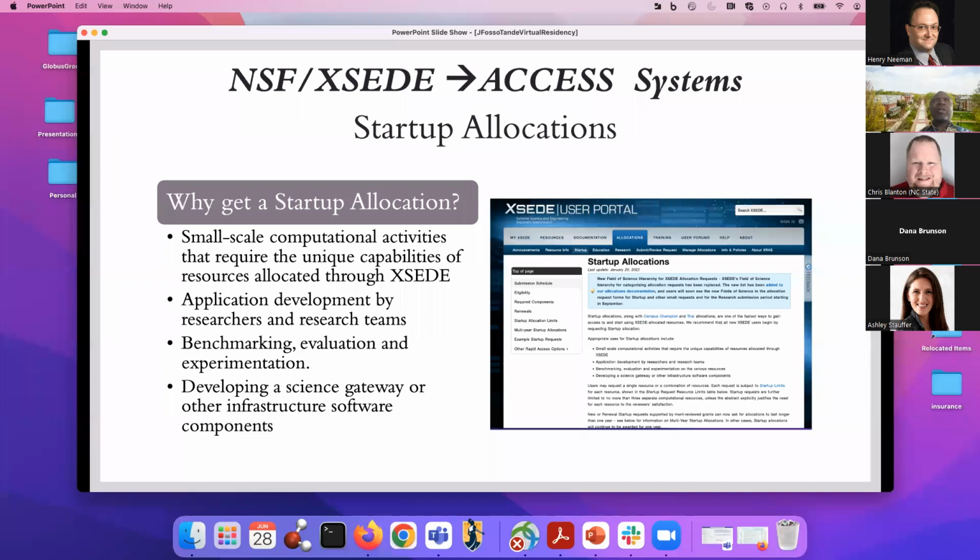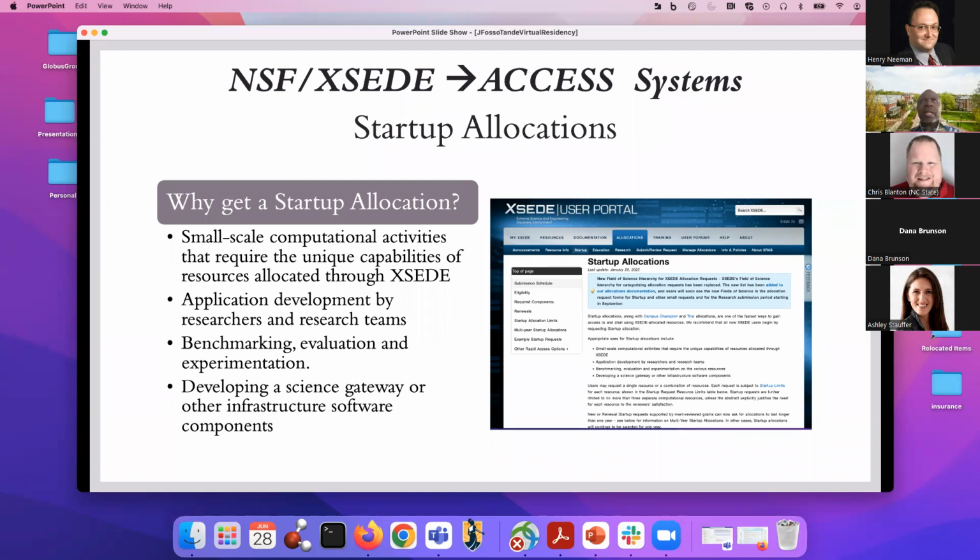Benchmarking, especially for evaluation and experimentation, before you get a very substantial allocation for production activities. Or you're developing a science gateway, as we'll see later on. If you're developing a science gateway, you need to make sure that it meets the requirements of your users, so you may want to get a startup allocation.